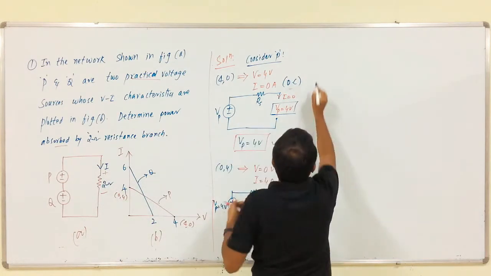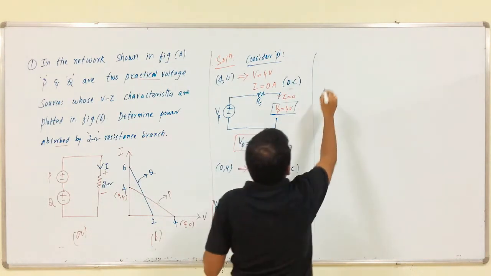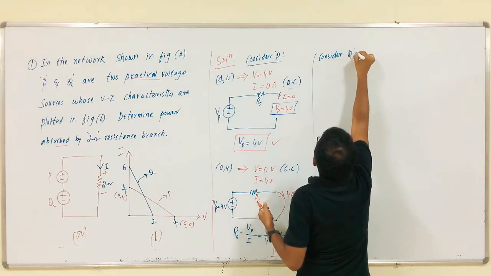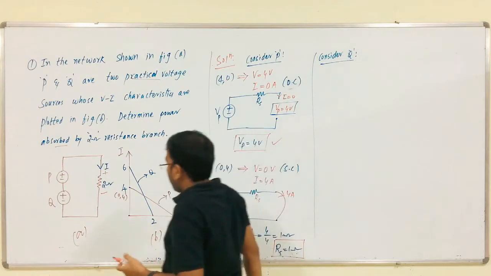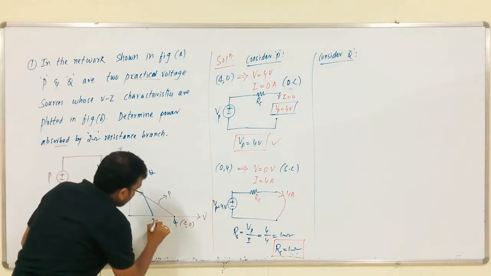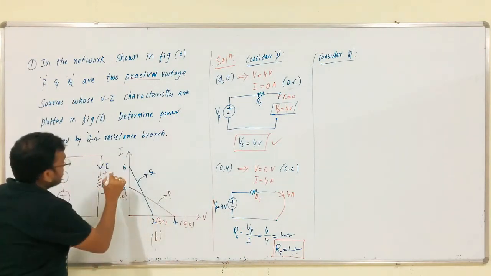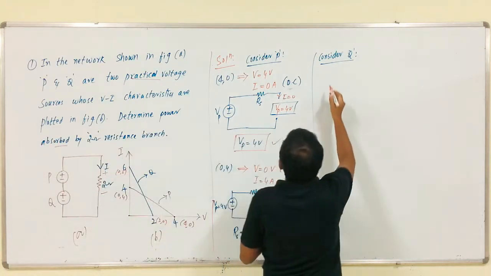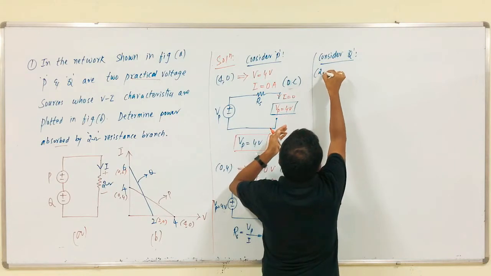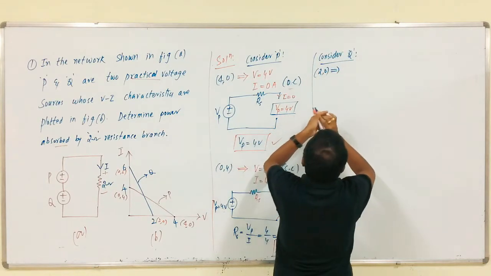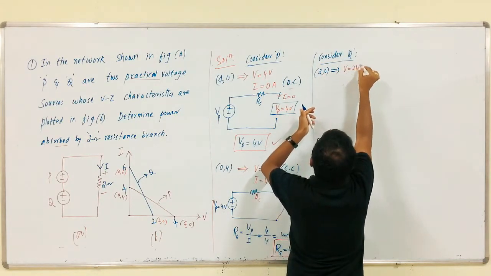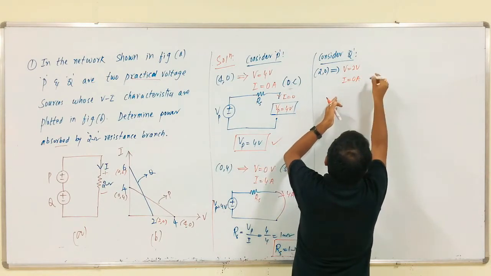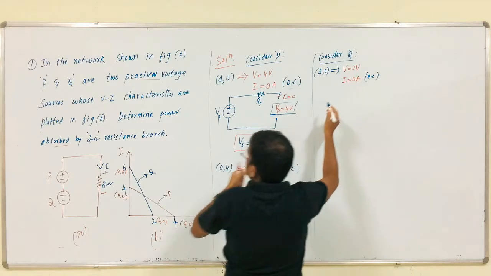Next, we have to consider Q. If we consider Q, what is this 2, 0? This is 0, 6. 2, 0 means V is equal to 2 volts, I is equal to 0 amps, that is open circuited.